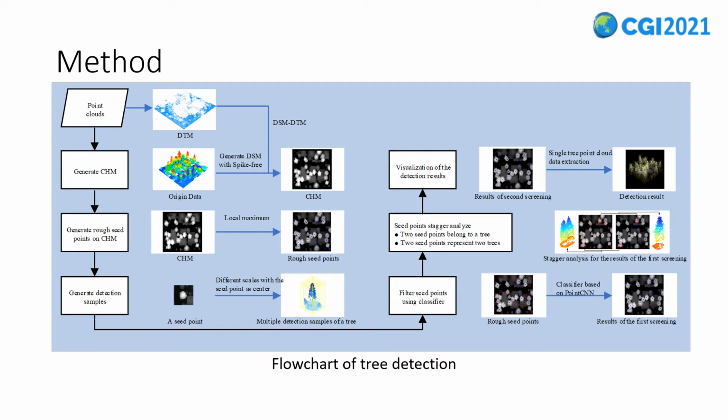Next, the 3D CNN classifier based on PointCNN is adopted to classify detection samples, and the classification results are used for filtering seed points. Finally, our method performs the tree stagger analysis on those close seed points.